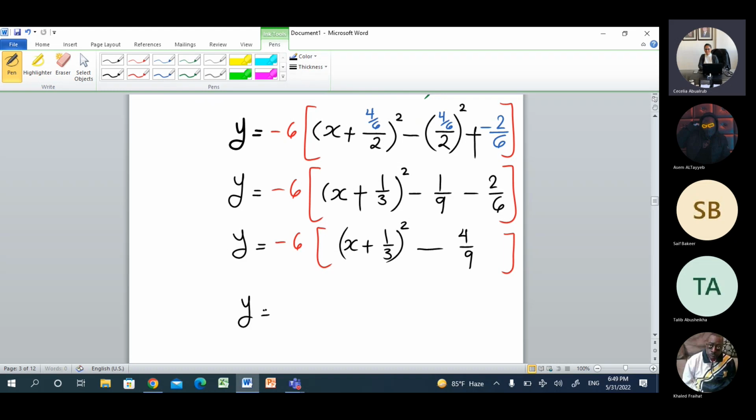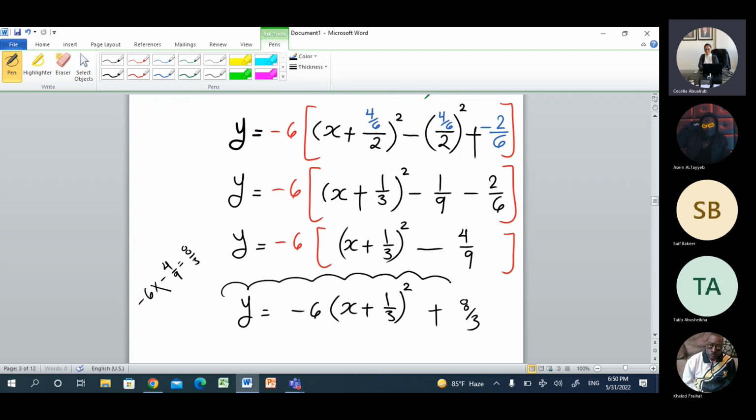So y is equal to negative 6 times x plus 1 over 3 squared, and then minus 6 times minus 4 over 9. The answer will be 8 over 3. So plus 8 over 3. And this will be the final answer of rewriting the quadratic expression in the form of completed square.